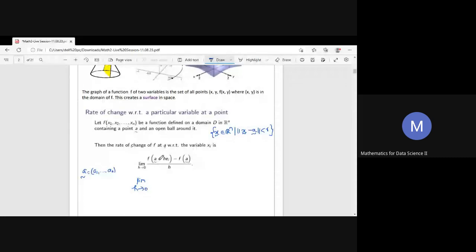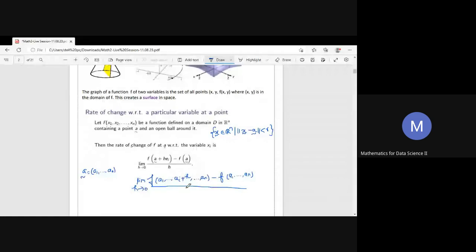So f of a plus h ei means only in the ith coordinate you have ai plus h, and the rest stay the same, minus f of a. Only in the ith coordinate there is a change. So you see this is nothing but a derivative along the ith coordinate.